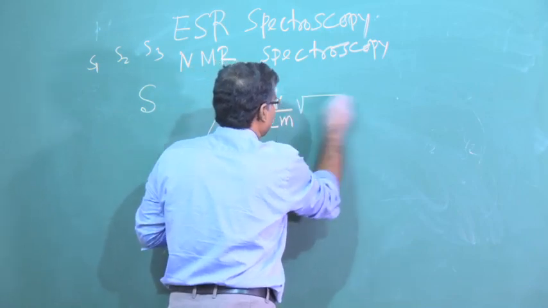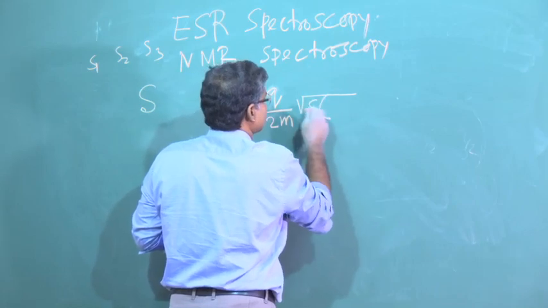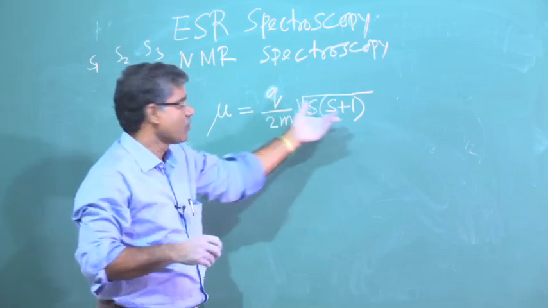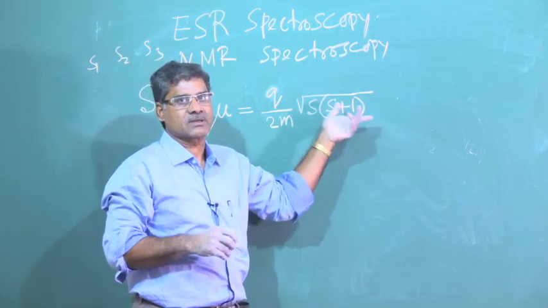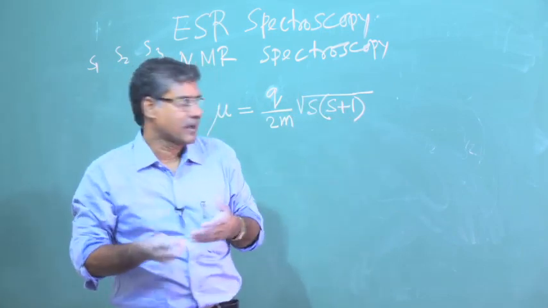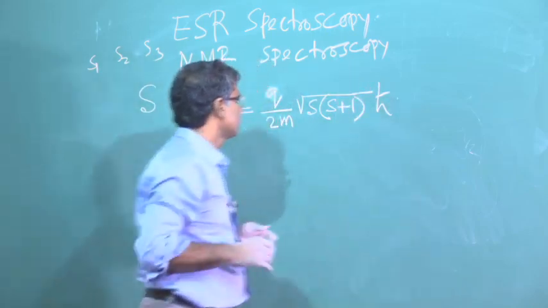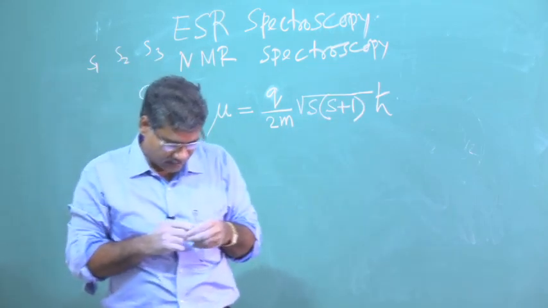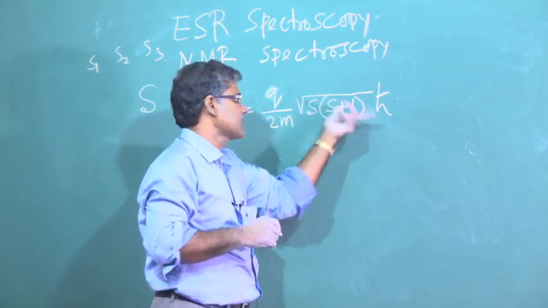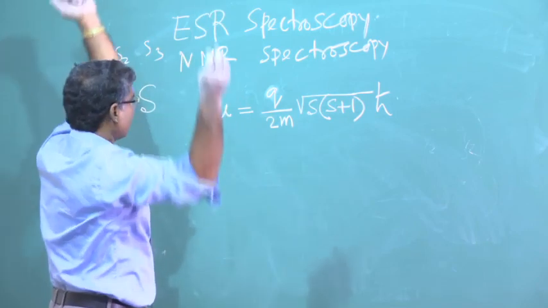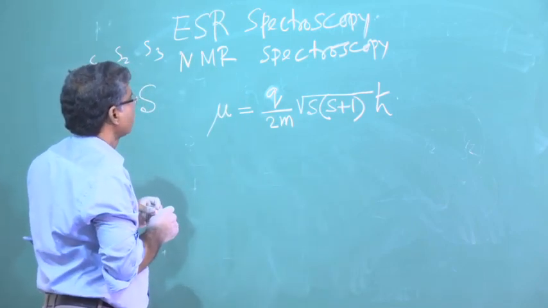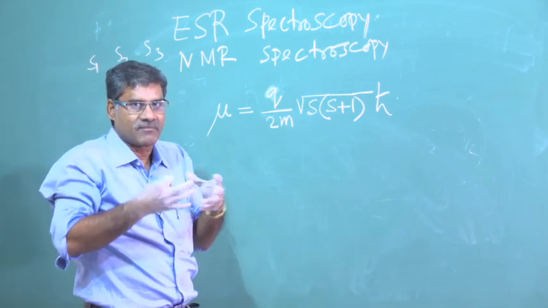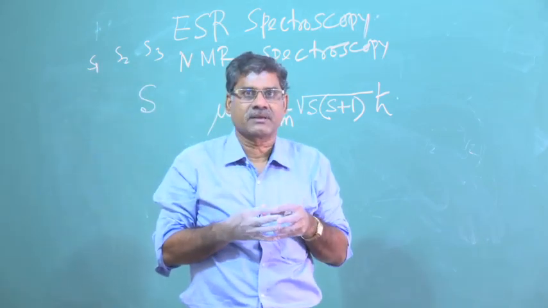So, S, this spin momentum in quantum mechanics, is actually square root of S(S plus 1) times H cross. Okay. Earlier we just used S H cross, but actually one should write square root of S(S plus 1). Okay. So, this is for a multi electron system.